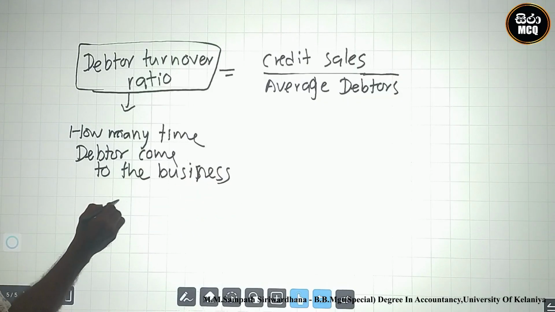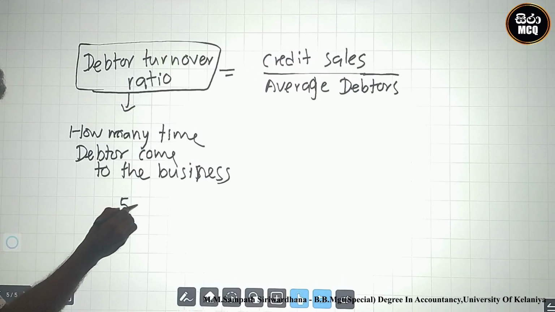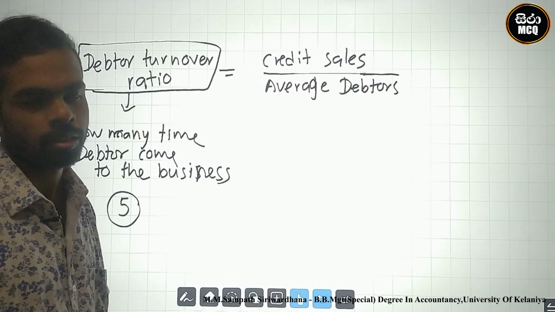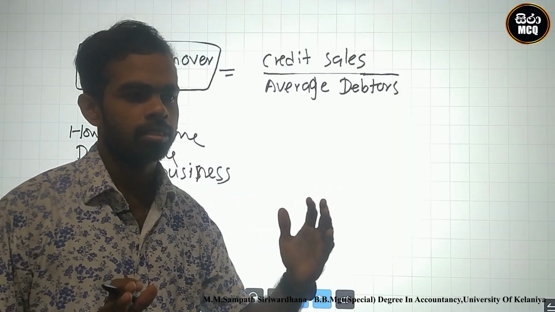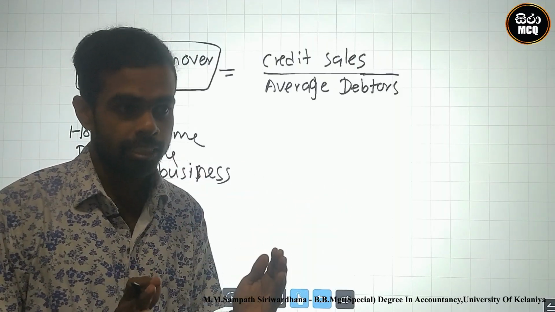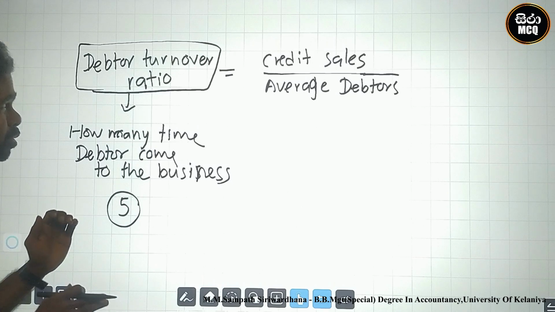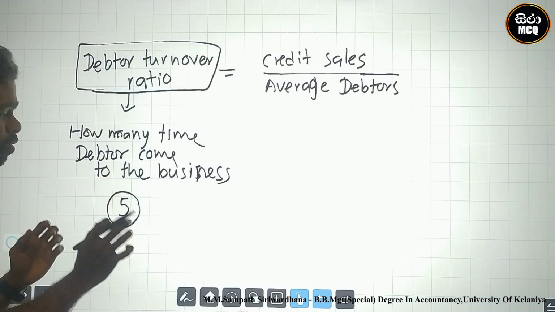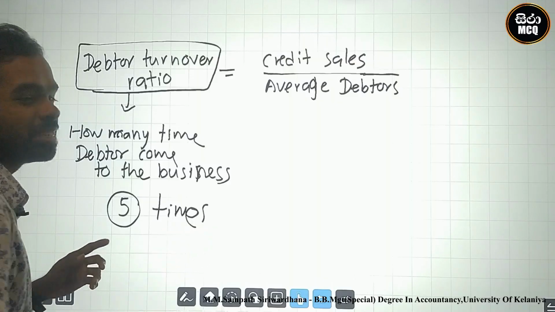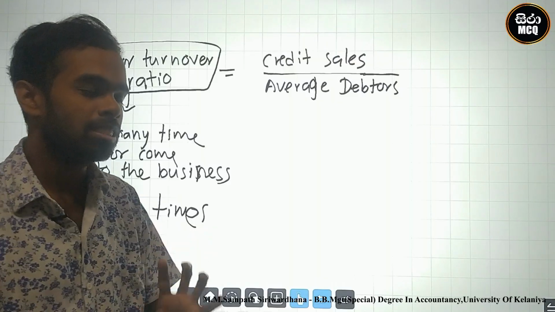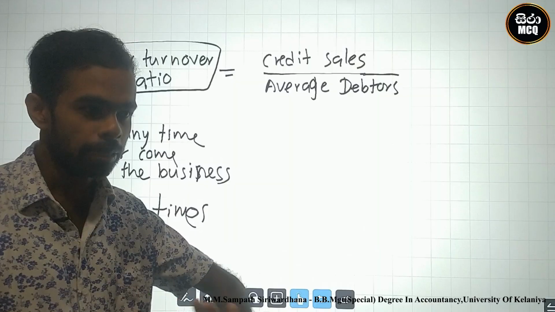Say the ratio is 5, sorry, the number is 5. The turnover ratio is 5 times, meaning the debtor comes to the business 5 times over the period.